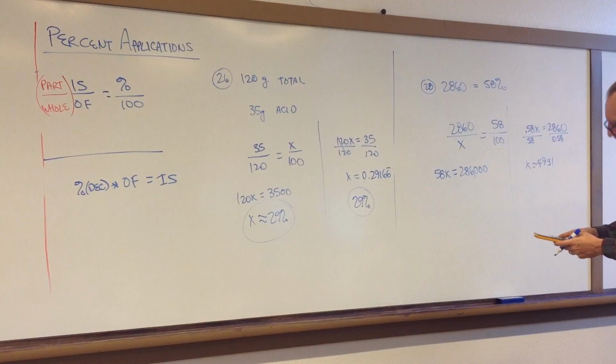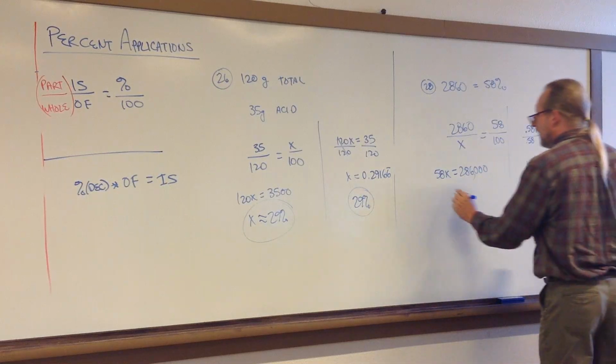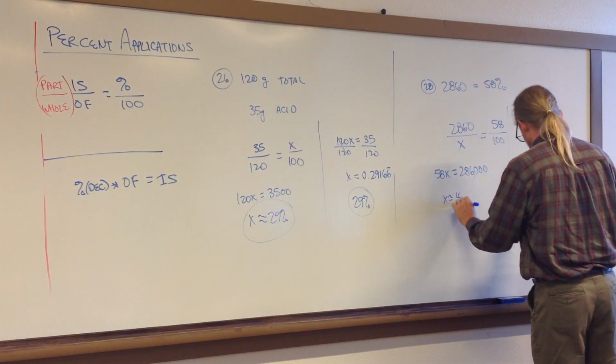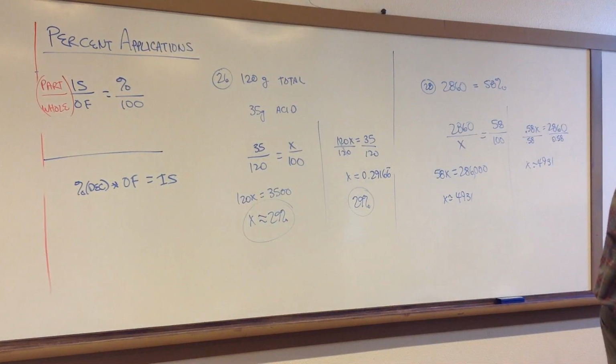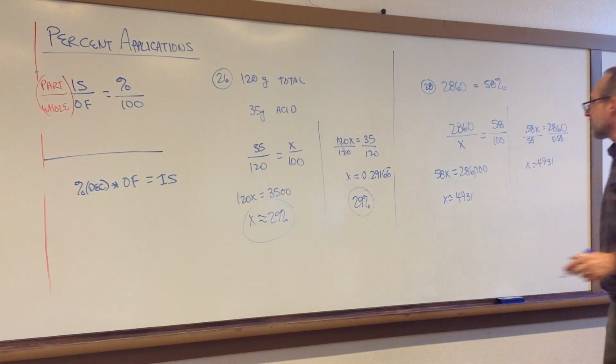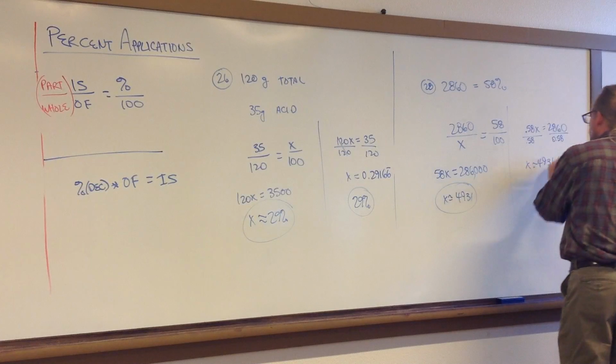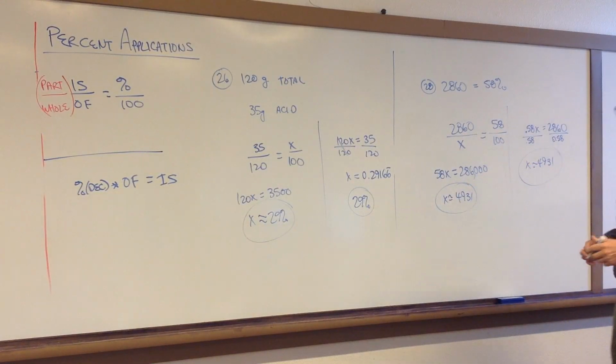And so we would do 286,000 divided by 58. And again, it's approximately 4,931. Does this one say to round off? It says approximately how many votes were cast. So we can go with 4,931.